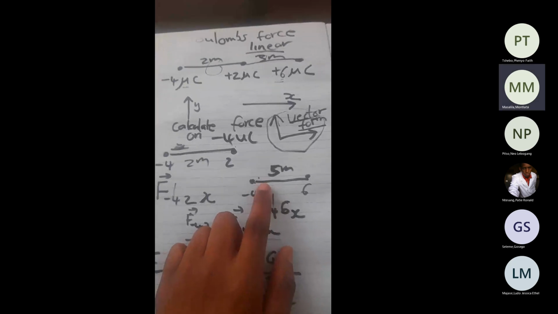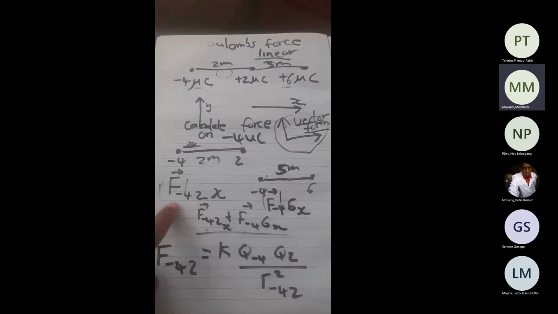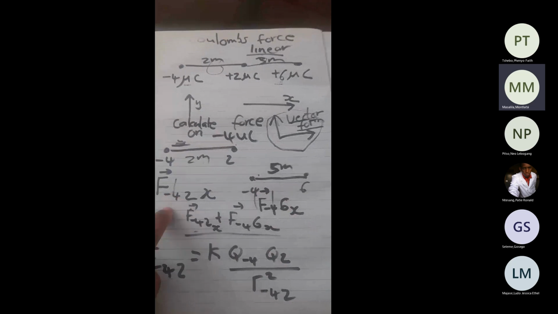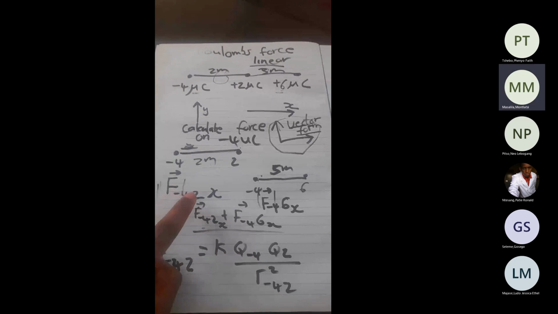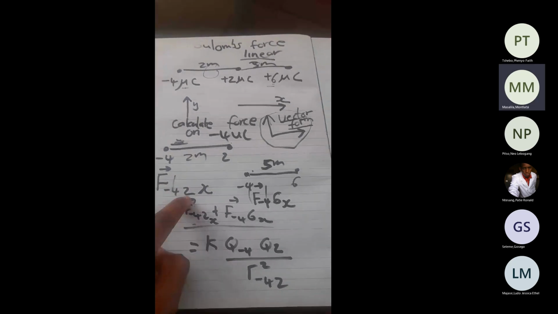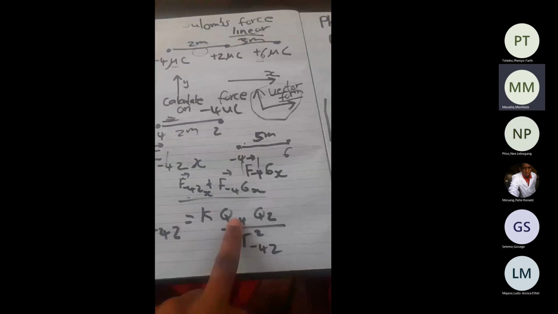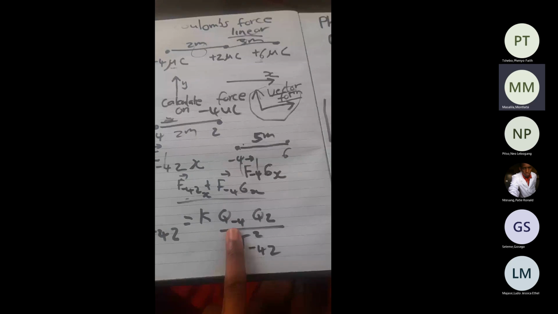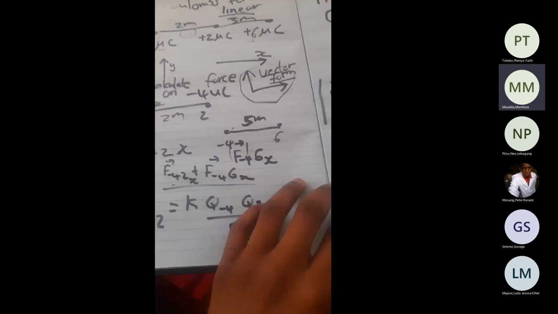Now we are going to say force on negative 4 due to 2. Force on negative 4 due to 2 is K times the negative 4 charge times the 2 charge over the distance squared. We calculated it, and our calculations were here.